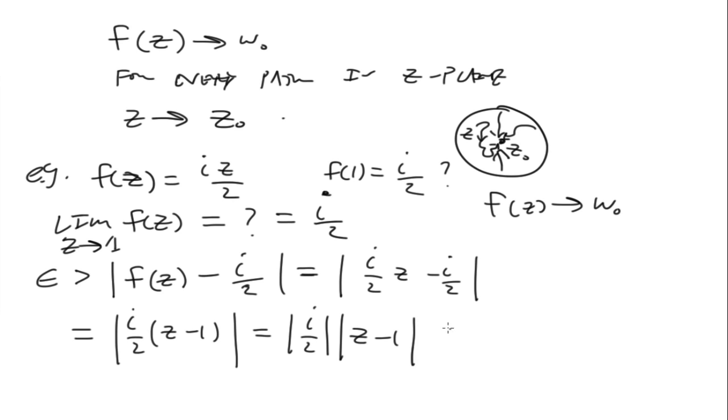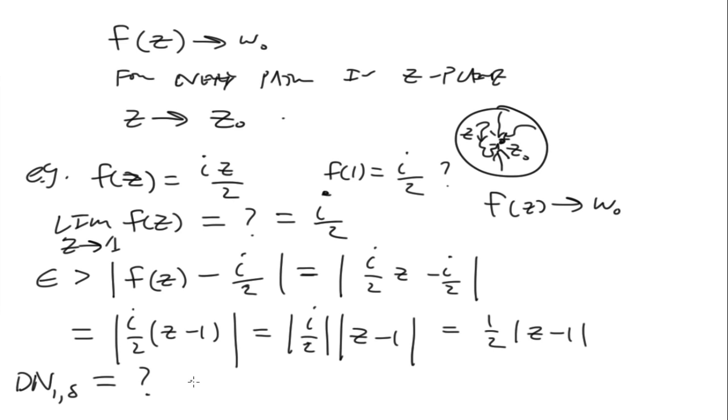Okay, and then we see that the complex modulus of i over 2 is actually just 1/2. And that's times the modulus of z minus 1. All right, so the idea is, can we find a deleted neighborhood around 1 of a certain delta that guarantees it for whatever epsilon? Can I find this value? Can I find this set?